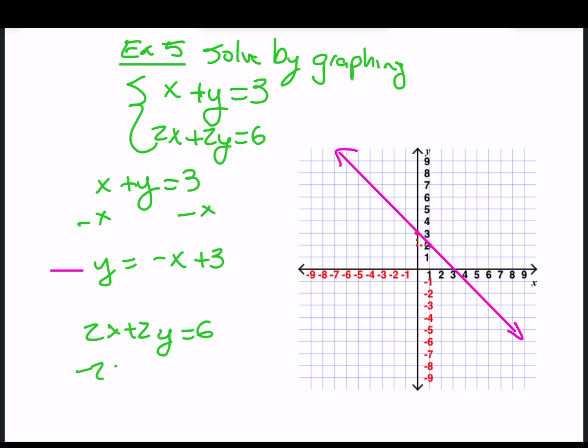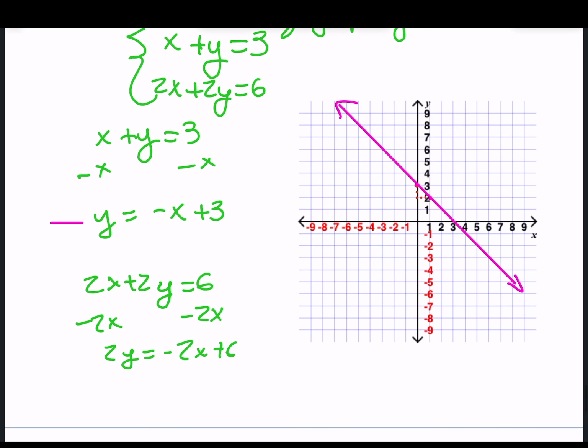2x plus 2y equals 6. We can subtract 2x from both sides, and we get 2y is equal to negative 2x plus 6. We can divide both sides by 2, and you get y equals negative 2 over 2, which is -1, so negative x, and 6 divided by 2 is plus 3.